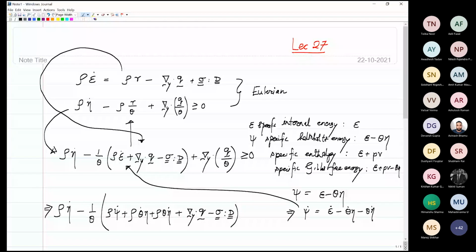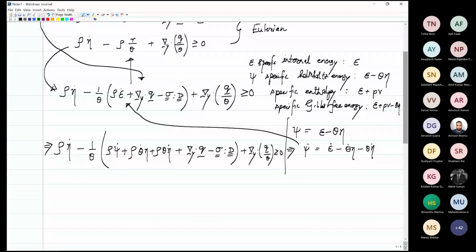Plus divergence of q by theta. And this thing we want to be greater than or equal to 0. Simple substitution. Then we can see that several terms are going to cancel. For example, you notice that this term and this term are cancelling because there is a 1 by theta here.